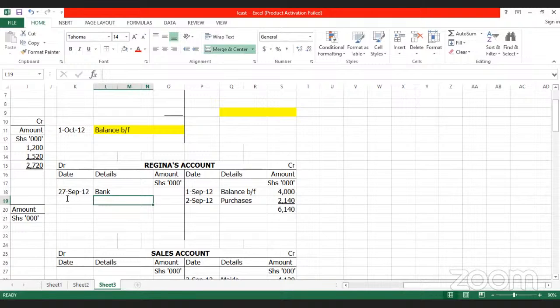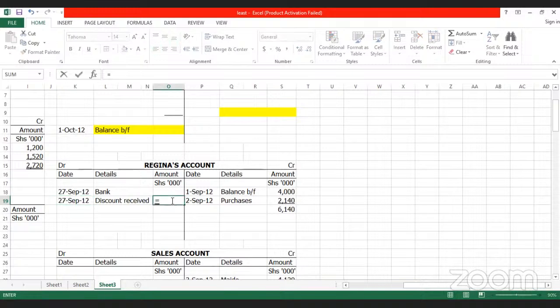We have to find out how much was paid. Then there is also a discount. Discount received. Discount received is 5%. Kabate is paying the supplier less by 5%.